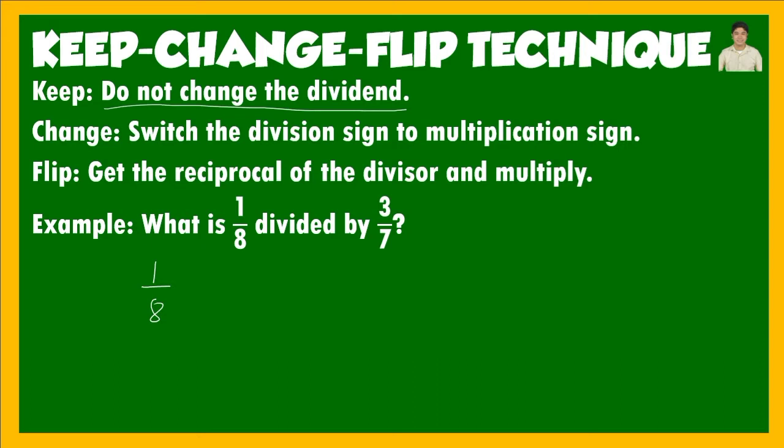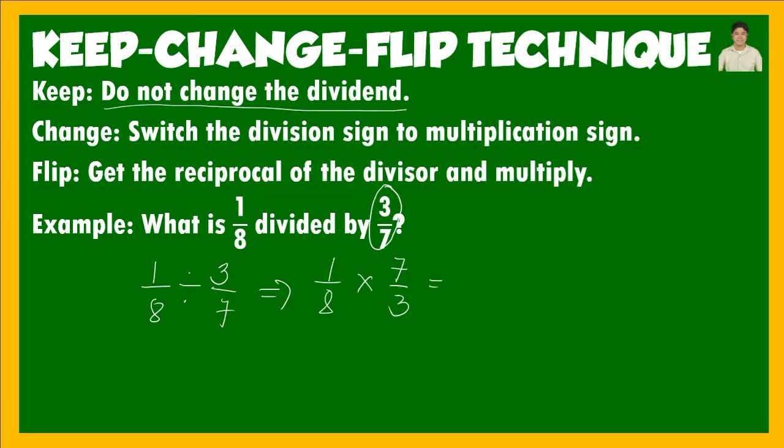Next, switch the division sign to the multiplication sign, so instead of division, it becomes multiplication: 1/8 times the reciprocal of the divisor. Then flip. The 3/7 is the divisor, so it becomes 7/3. After flipping, once we have the reciprocal of the divisor, we can multiply.